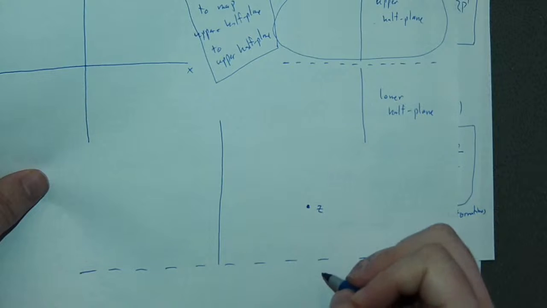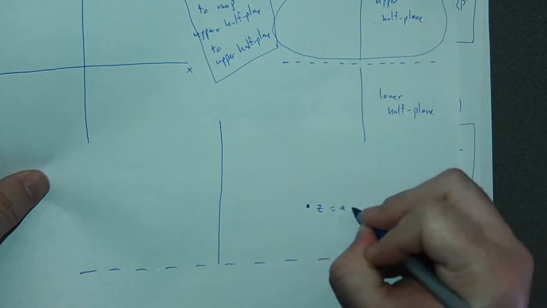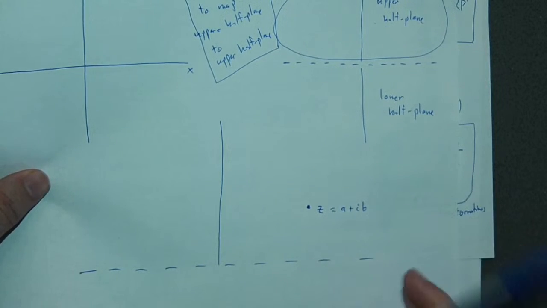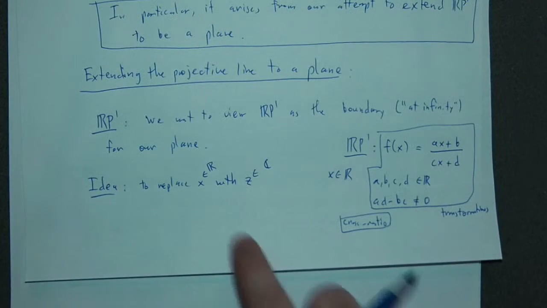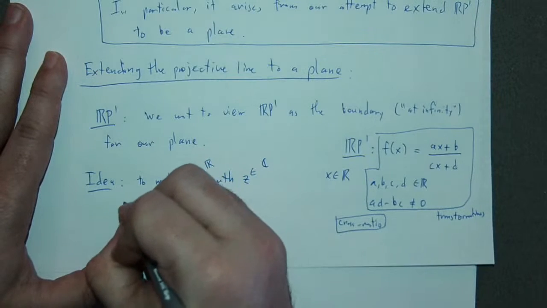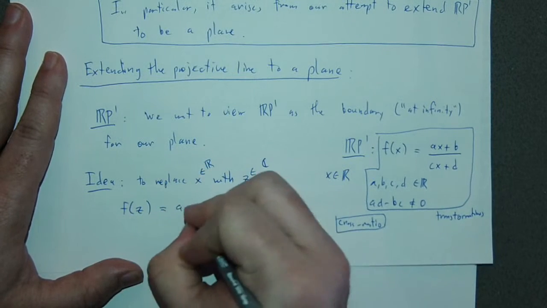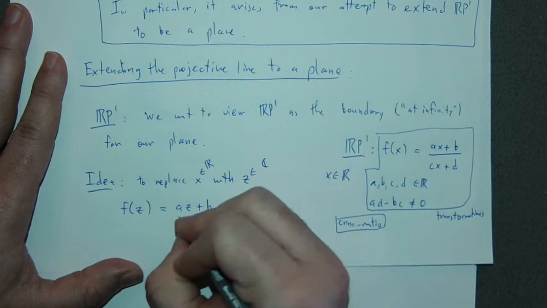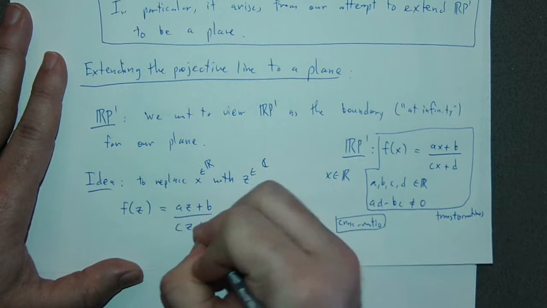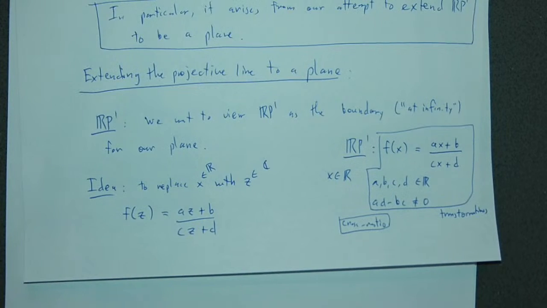It's a complex number, a plus ib. And now if I do that, then what I get is a transformation that looks like this: f of z is (az plus b) over (cz plus d).